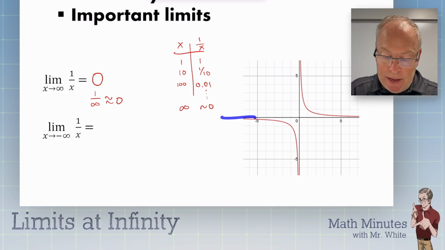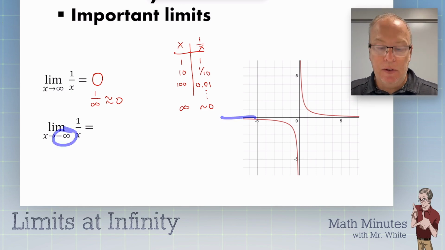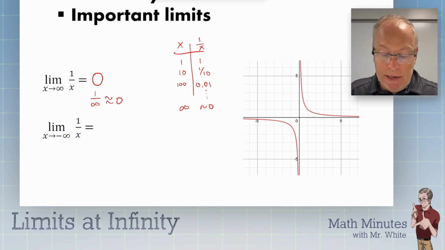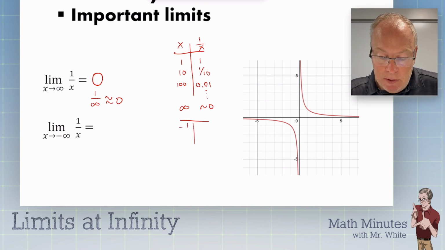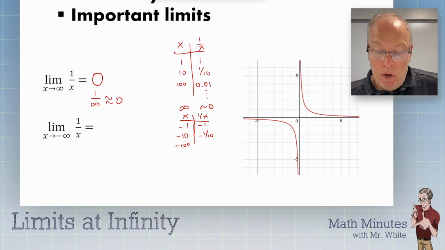Now what about on the left side? That's what we mean by negative infinity. So if we're plugging negative infinity, if we plug negative 1 in, we get, let's do our t-chart again, x, 1 over x. If we plug negative 1 in, we get negative 1. If we plug negative 10 in, we get negative 1/10. If we plug negative 100 in, what do we get?